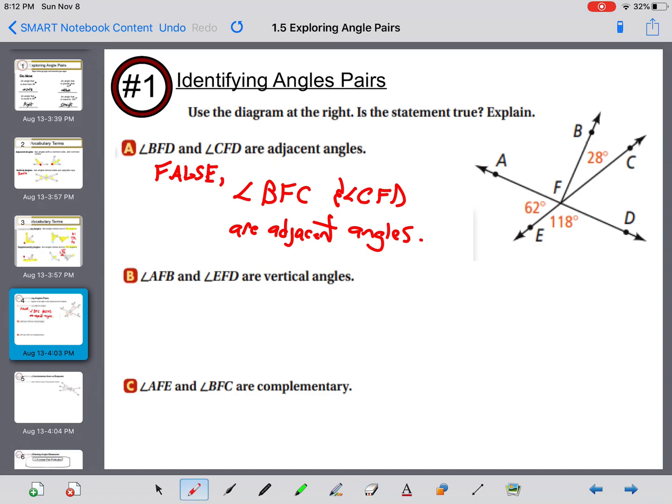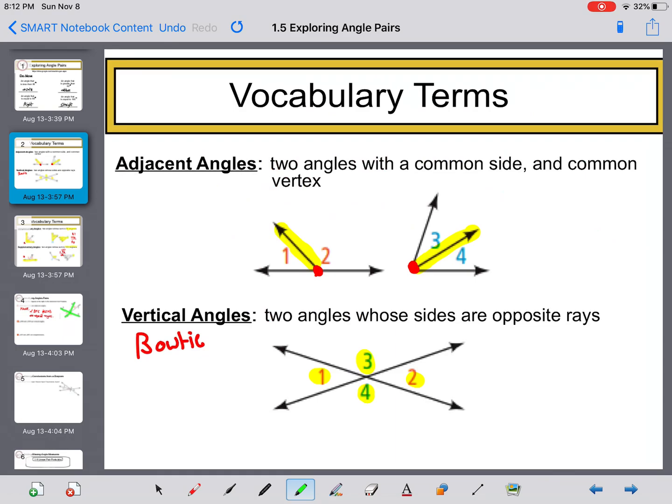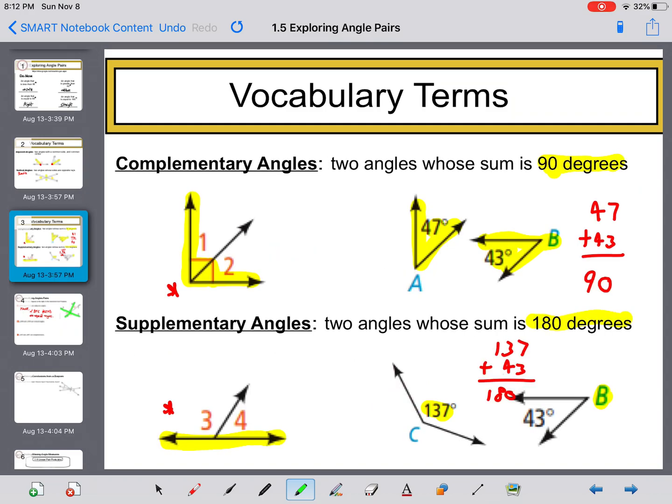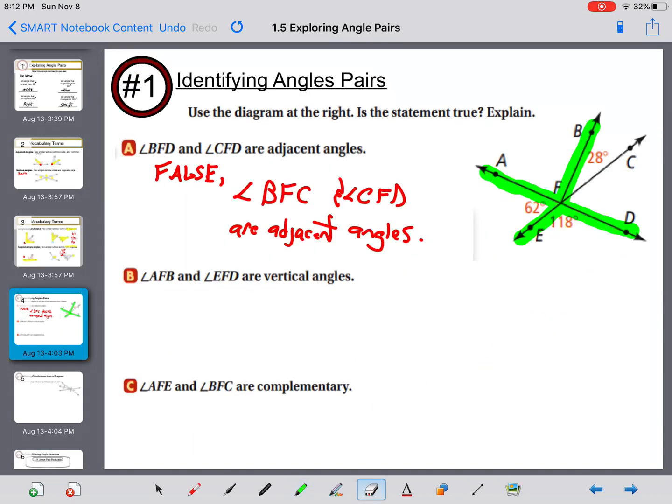Angle AFB and EFD are vertical. AFB and EFD are vertical angles. Well, let's take a look. Vertical angles are two angles whose sides are opposite rays. If you notice here, it would not be AFB that would make this a vertical angle.